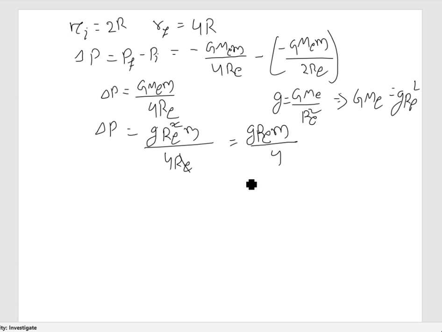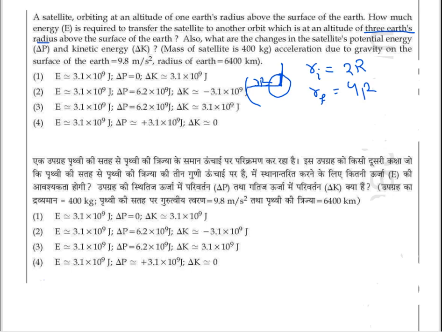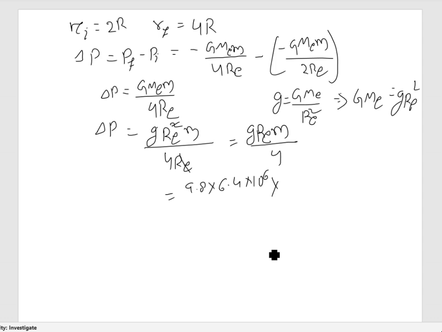Now I'll put in all the values: 9.8 into radius of Earth, 6.4 into 10 to the power 6 meters, into the mass of the satellite, which in the question is given as 400 kg.